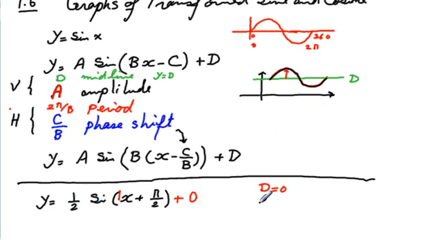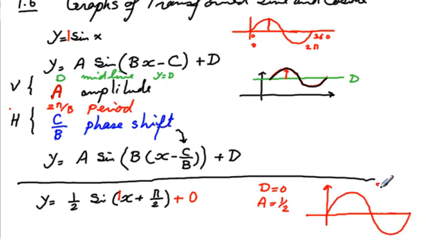My amplitude is 1/2, which means I have taken my wave, instead of having an amplitude of 1, and I'm cutting it to 1/2. So the fact that this is a 1/2 tells me that if my original function looked like this, if that was sine of x, after I multiply it by 1/2, it looks kind of shorter.